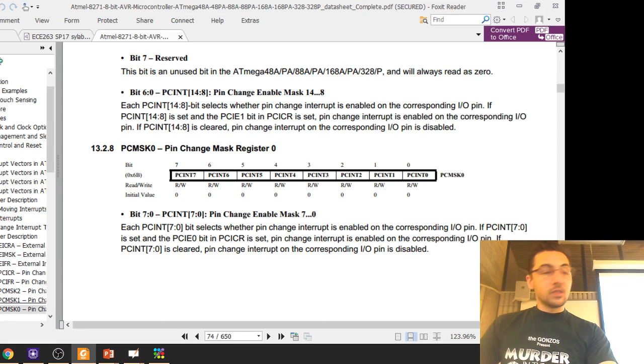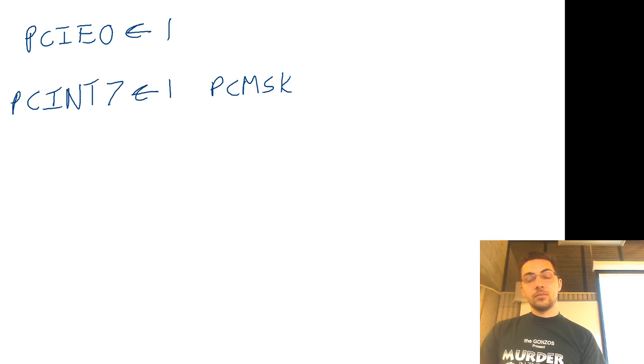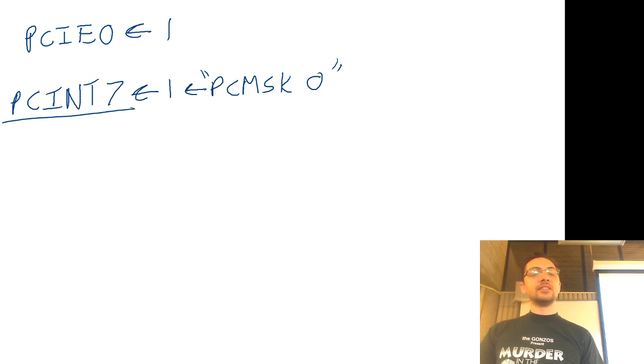So that's just 2 bits that I need to write in 2 separate registers. The registers that I need to use: PCMSK0 is the name of the register where you're going to enable the PCINT7 bit.